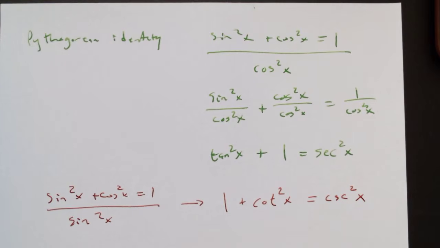So there's a Pythagorean identity that relates cosecant and cotangent, which means just like secants and tangents, and just like sines and cosines, if I see cosecants and cotangents together, I can do this same game. Page 496.